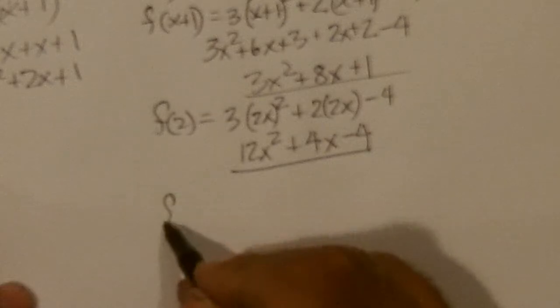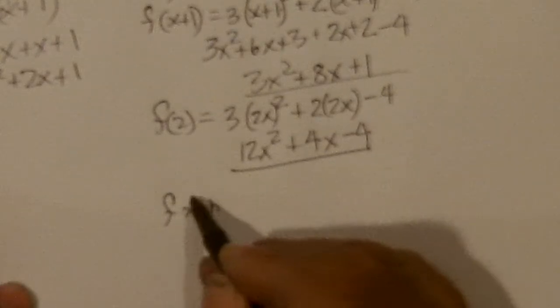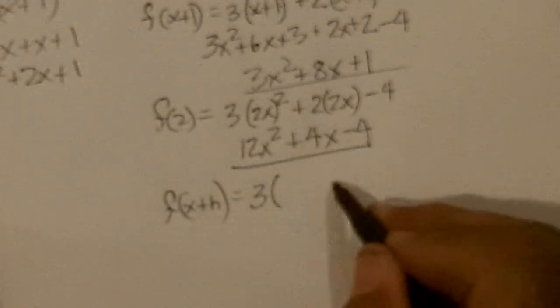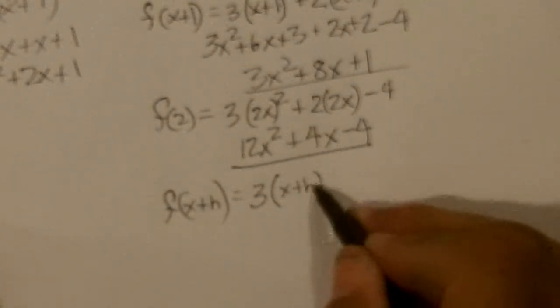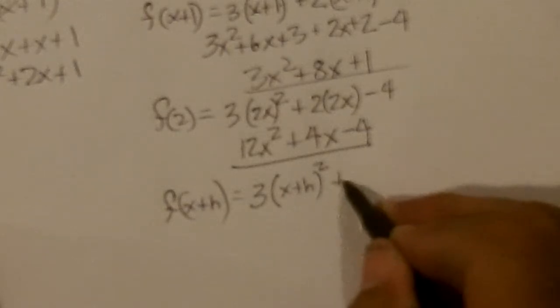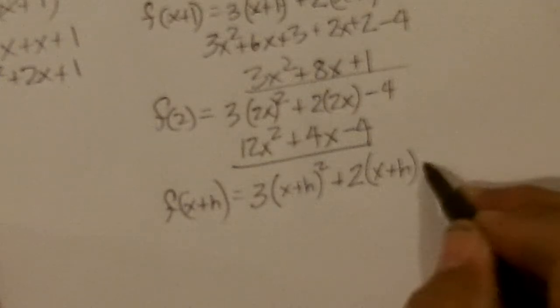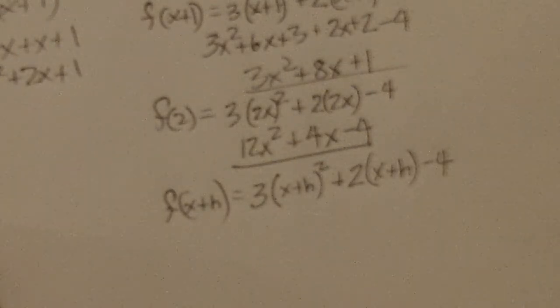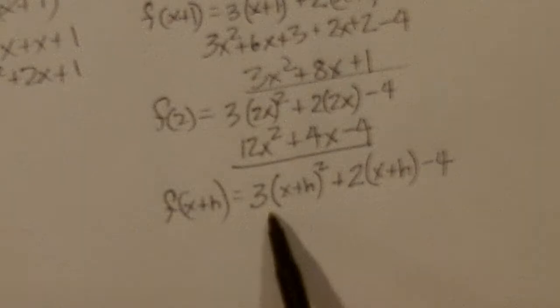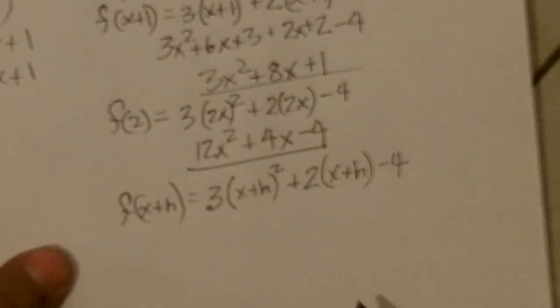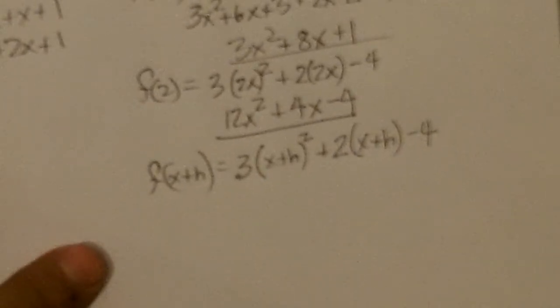And finally, f of x plus h is going to be 3 times, in place of the x is x plus h, squared, plus 2 times, in place of the x is x plus h, minus 4. I could multiply that out and take that times 3 like we did here, and then take 2 times each of those and then a minus 4, but nothing will simplify very well.